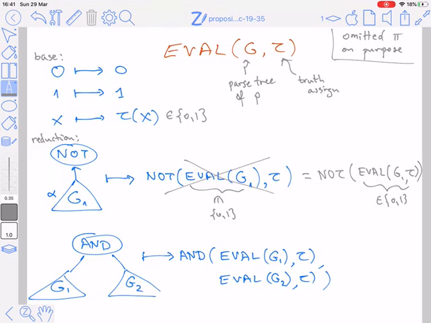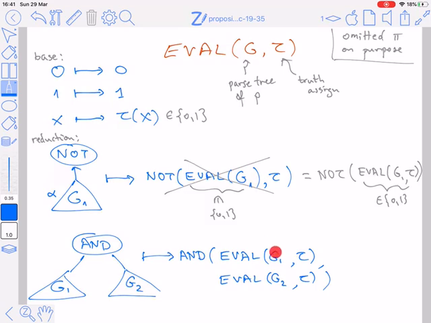I have a mistake here. Let me fix this. Let me erase this fellow, and let me erase this fellow, and now it's correct. Good.